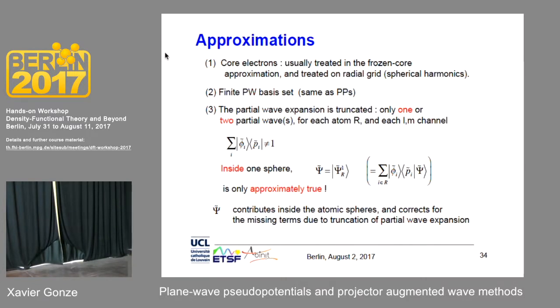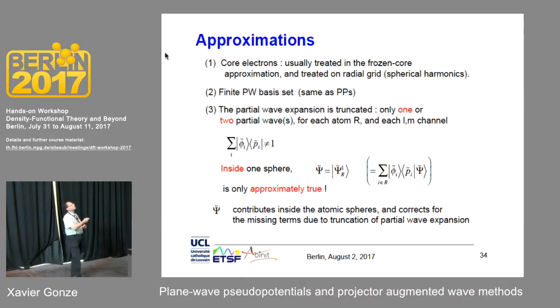There are some approximations that are done. So although it is possible to have a perfect mapping between the all-electron case and the PAW case, we can see the following approximations. We of course treat the core electrons with the frozen core approximation. We will have a finite plane wave basis set, but we can check the convergence. And also the partial wave expansion inside the sphere will be truncated.